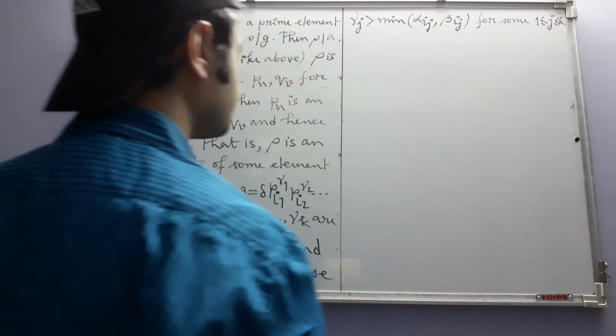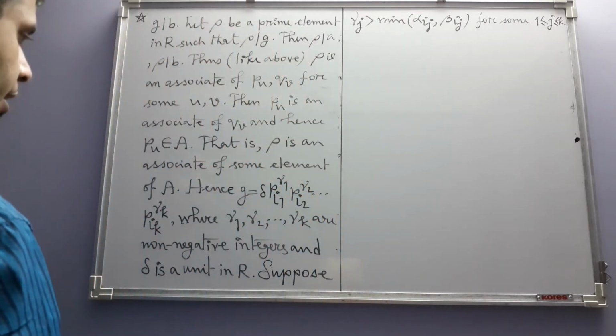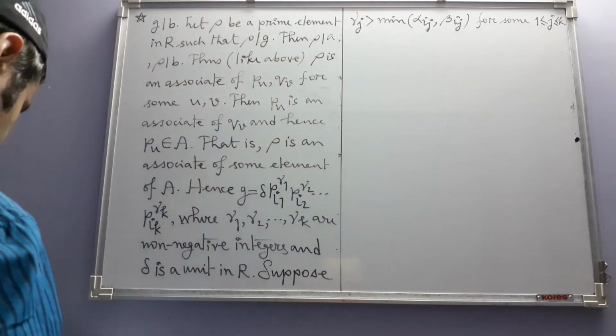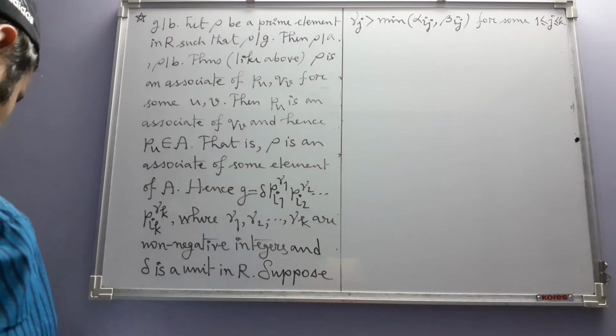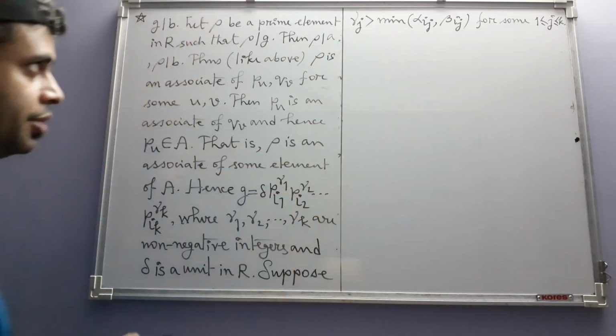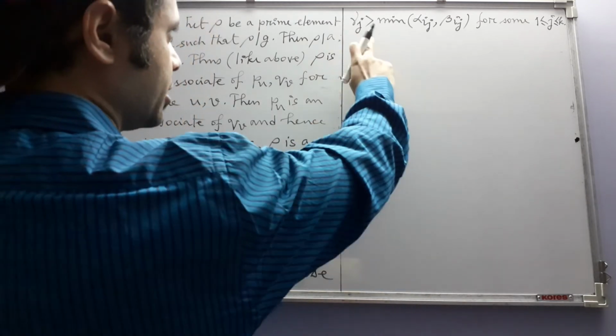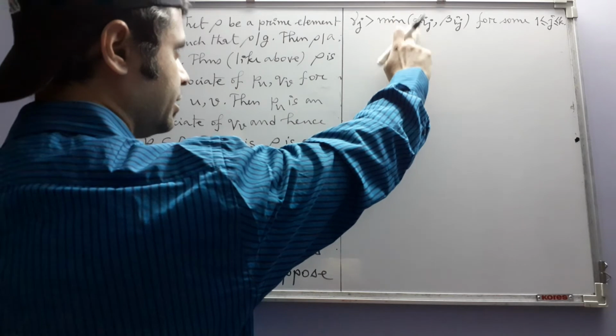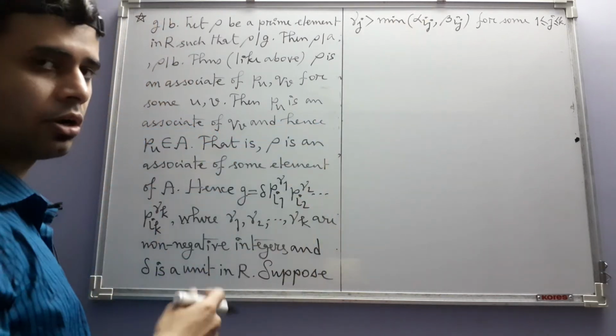Okay, then we are going to use what? If gamma j is greater than this minimum, that means gamma j has to be greater than either this or both.